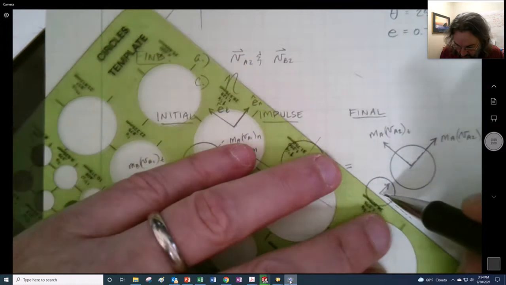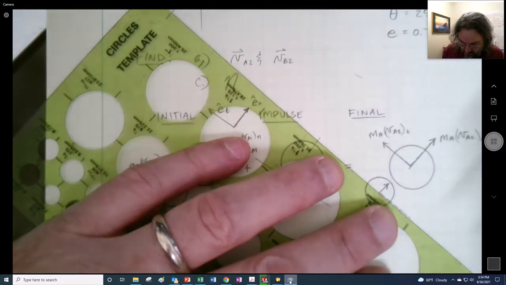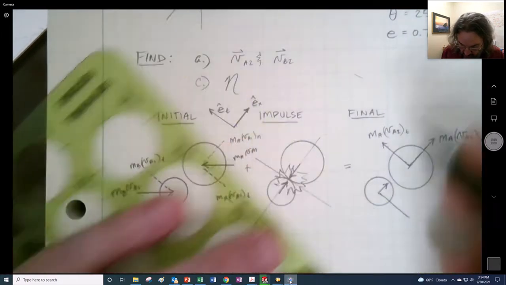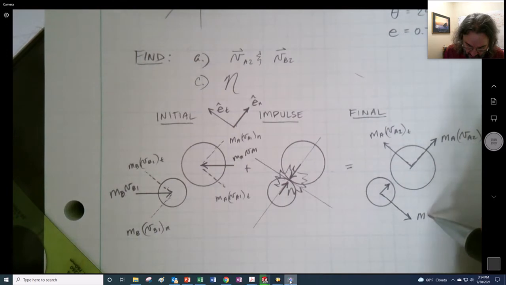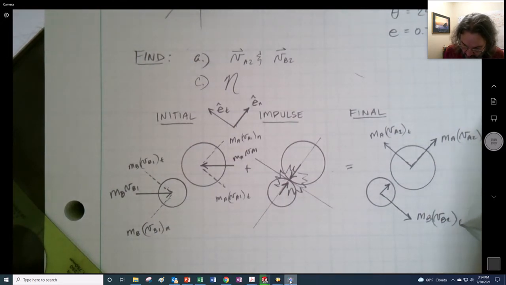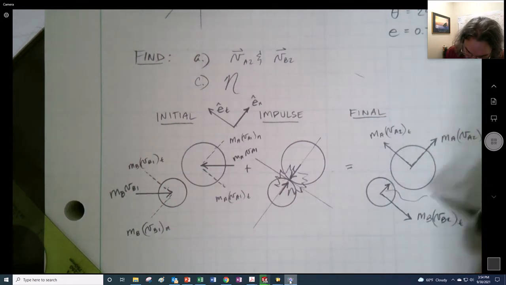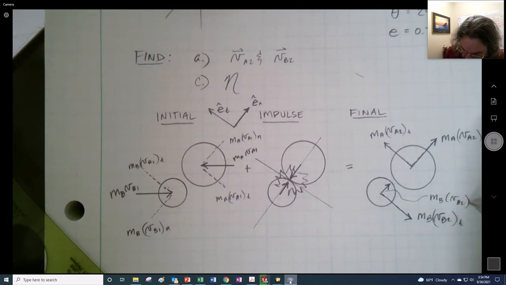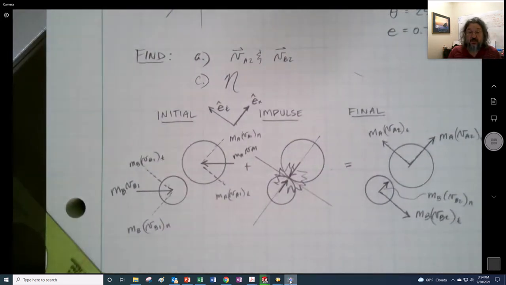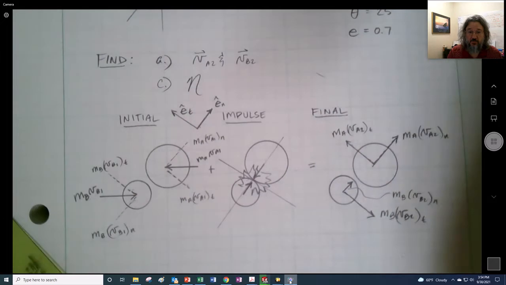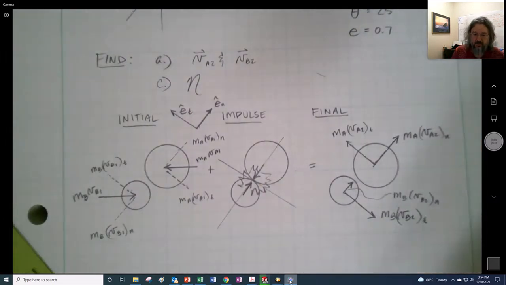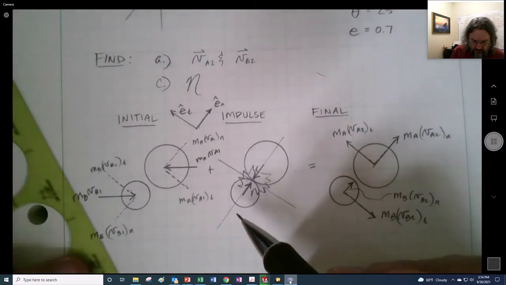I guess I'll make this a solid line here. So this is going to be my MB VB2 tangential, and then I'll make a leader over here. It's a terrible leader, but B2 normal. Now, sometimes I mess with the angles, but I haven't done this in the past, so I'm going to use the coordinate transformation again.